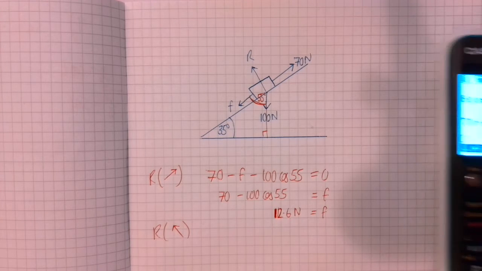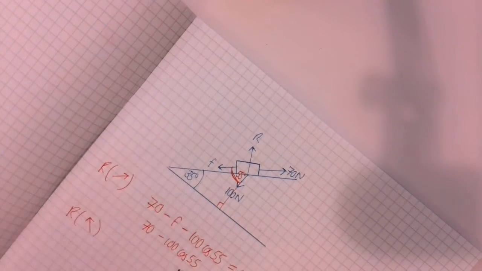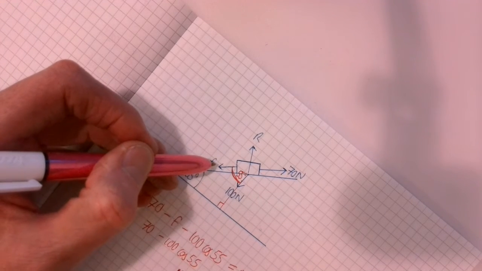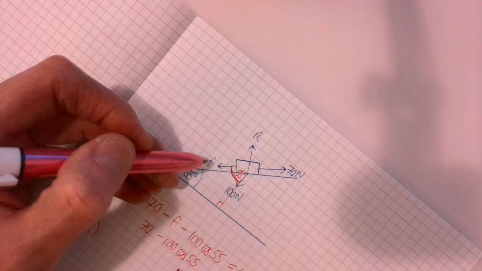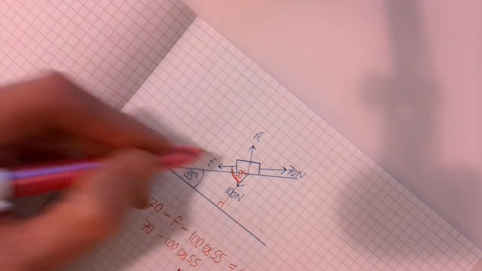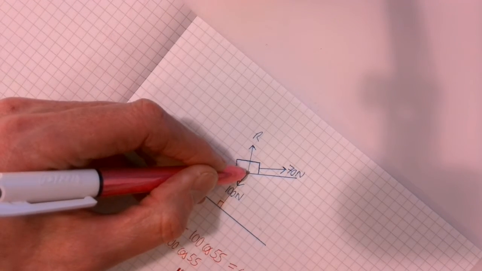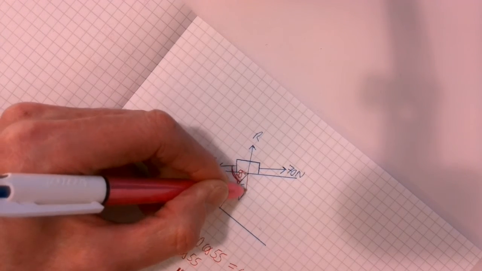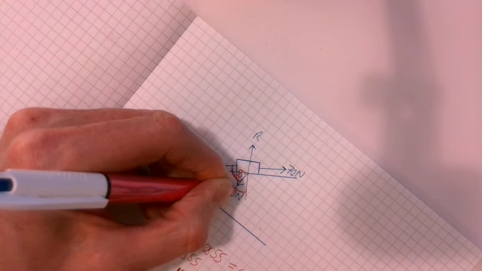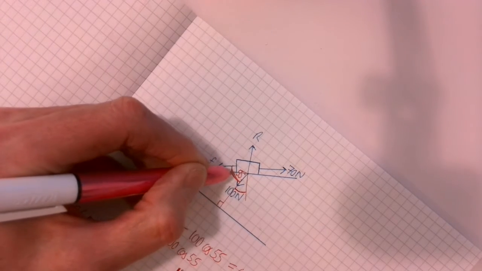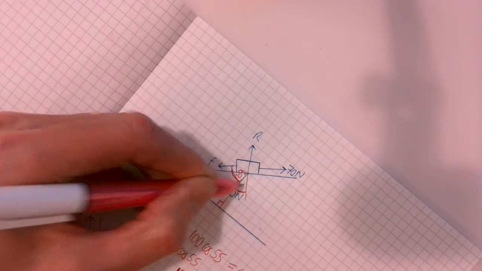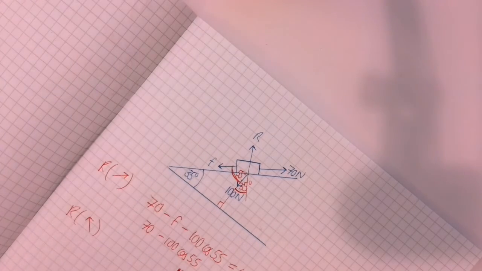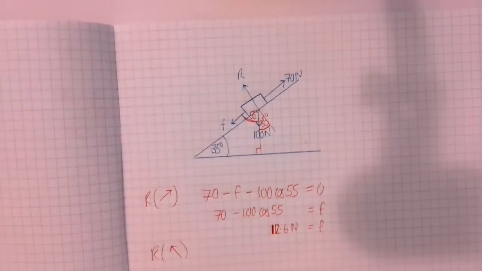So let's now turn it again. So now we're working in this direction here. So the 70 newtons and the force F are at right angles to that, so they'll have no effect. So the only force I've got is the reaction force pushing up, and then the component of this force pulling down. So now I'm going to work out that angle there, and this is a right angle, so this angle will be the same as that angle. So if you know the angle, you use cos, and I'm only going to use cos today.